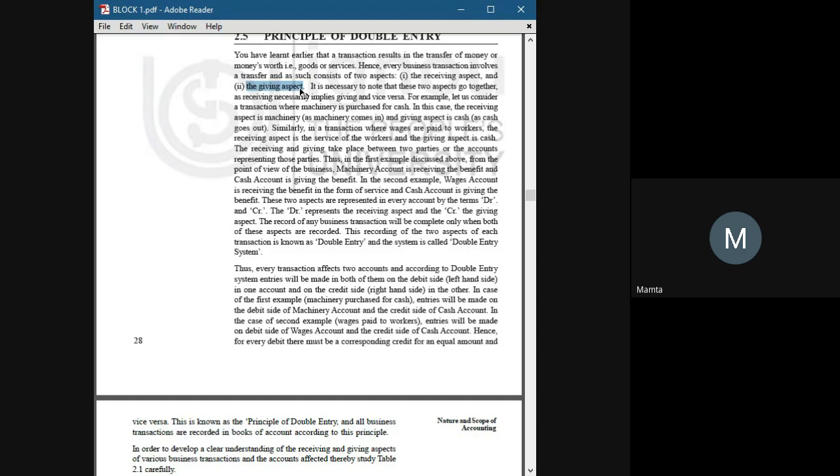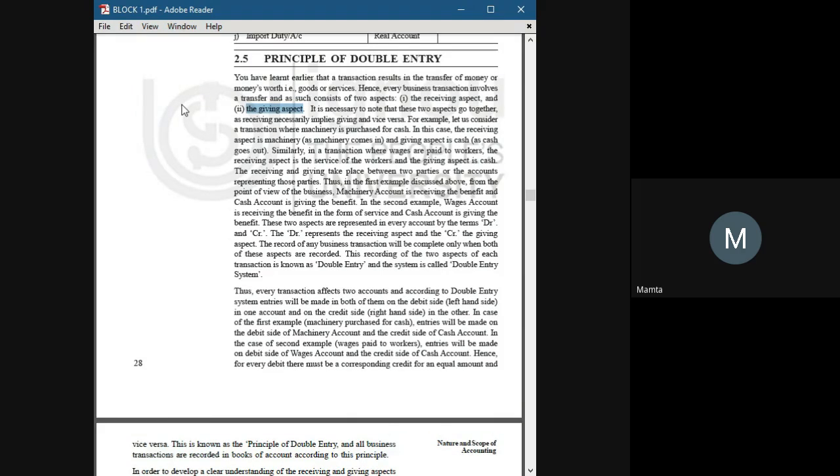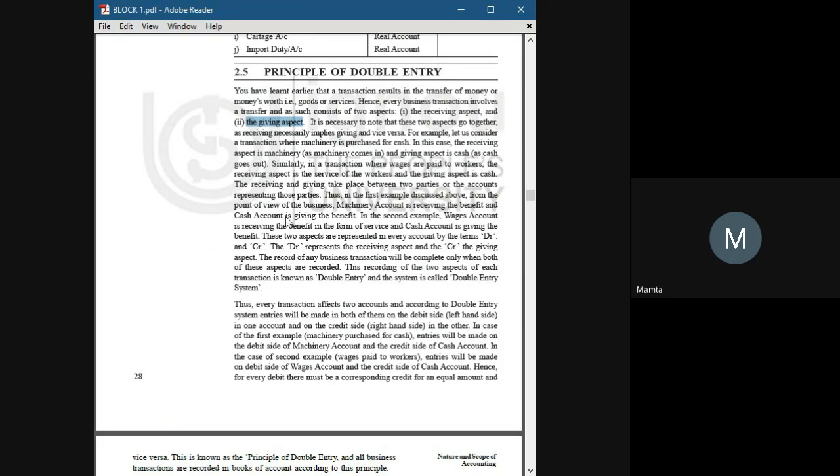The receiving aspect is debit and the giving aspect is credit. Always remember, the receiving aspect is debit. You have seen the account diagram now. The debit side is all about the receiving aspect, and the credit side is all about the giving aspect.